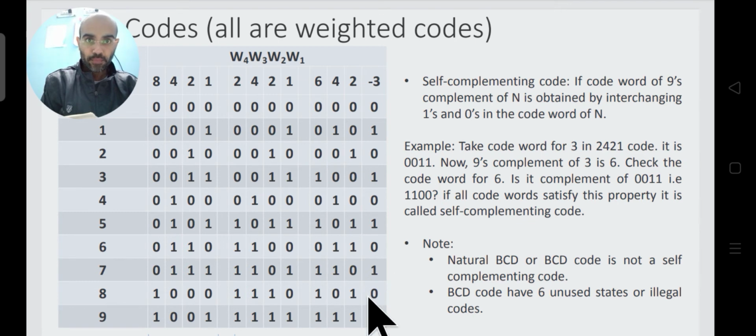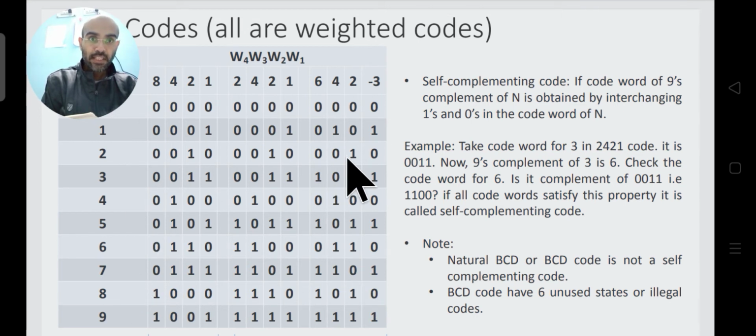So from this it is okay. But let's check for 3. So 3 is this. So 9 minus 3 is 6. So this is coming like this, 0110. So this is looking correct to me then. Okay. Then let's check for 7. The nines complement of 7 will be 2.